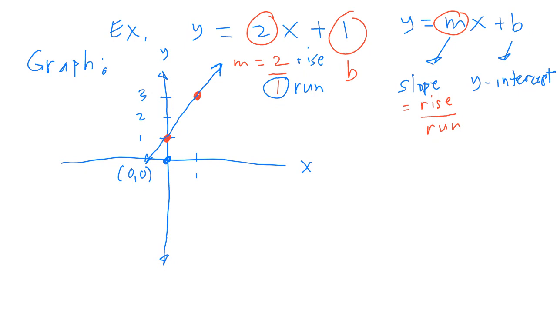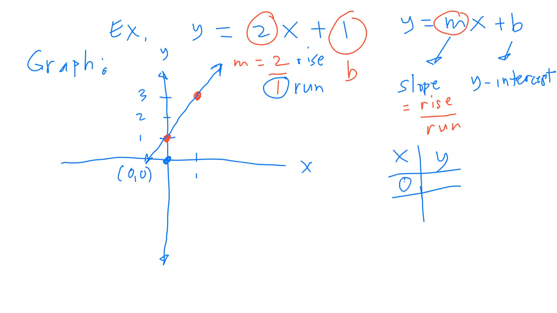So now here's another way. Another way is using the XY table. So you can write an XY table here, and then assign a value for X and then solve for your Y. So that's another way to graph. So for example, I will assign X with 0.